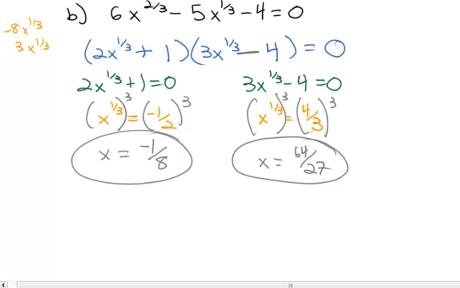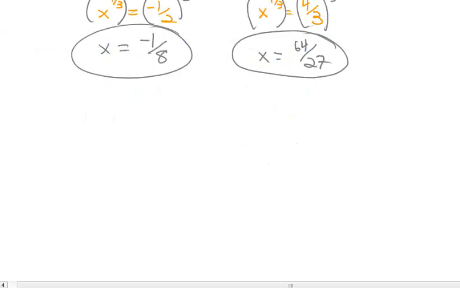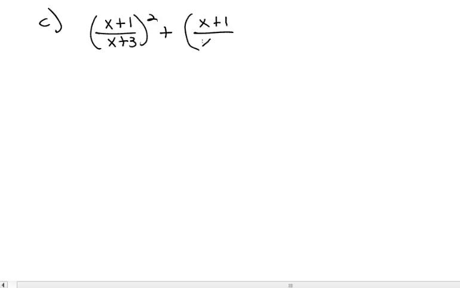Let's look at some more interesting problems. How about (x plus 1 over x plus 3) squared plus (x plus 1 over x plus 3) equals 6.